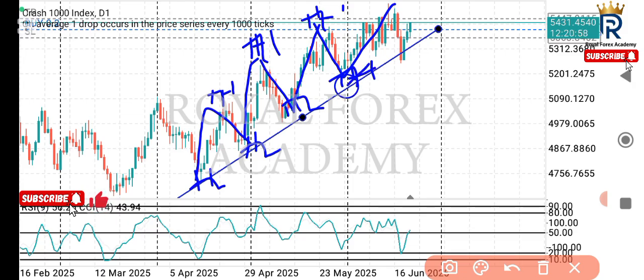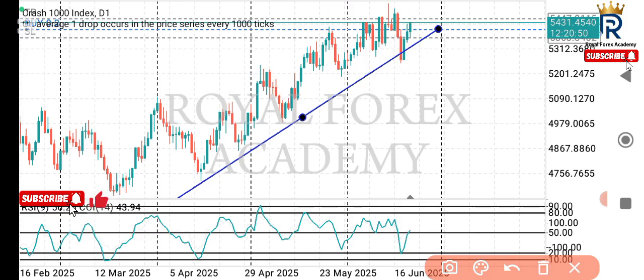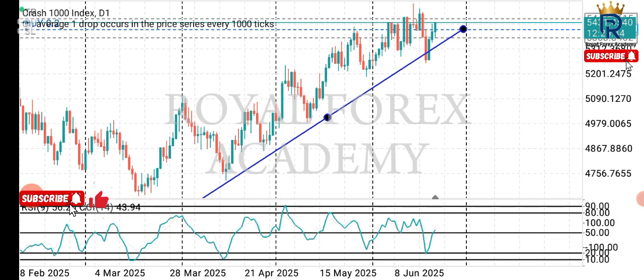So now here is no longer a higher low, but here is our higher low, and then we are looking forward to a new higher high. So this is a daily time frame. The structure is bullish.